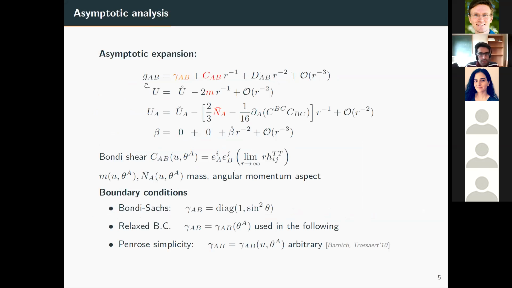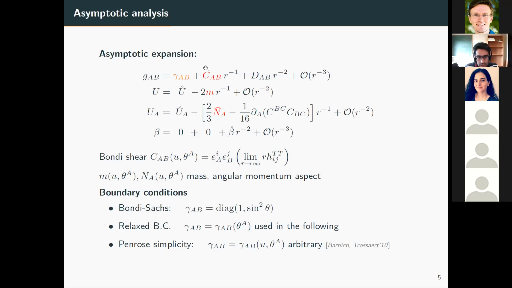So the next step is the asymptotic expansion. So you take these 4 objects and expand them in powers of 1 over r, as I mentioned. So the leading term typically refers to the Minkowski background, but the more physical quantities appear in the next order.